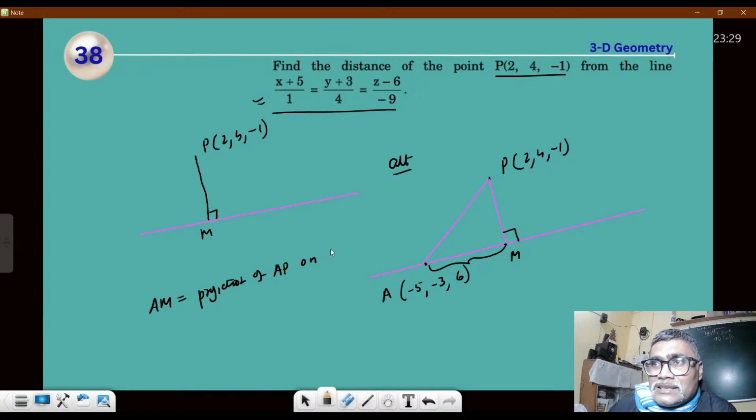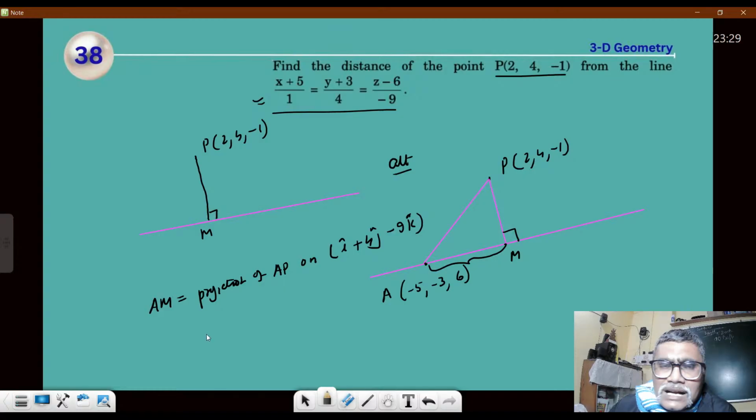So I can write like this, right? So I can get AM from here, fine. Then I can find this distance. I can easily find it. The projection of AP on the line is nothing but the projection of this vector AP on the direction of the line.